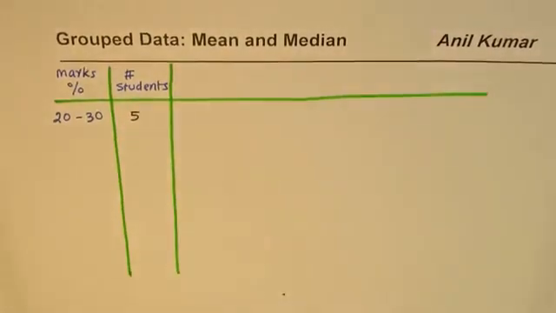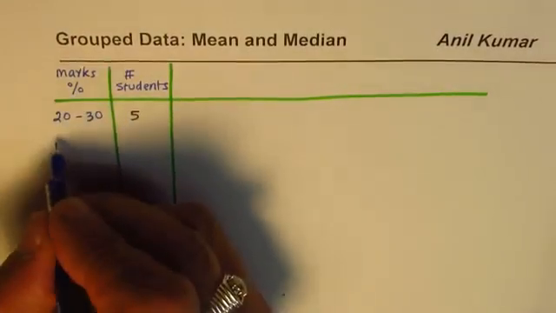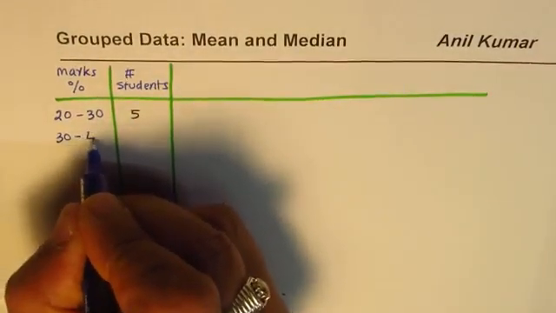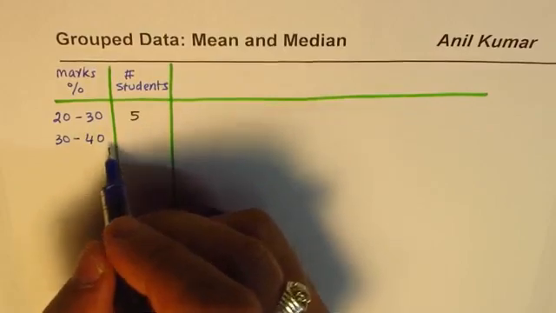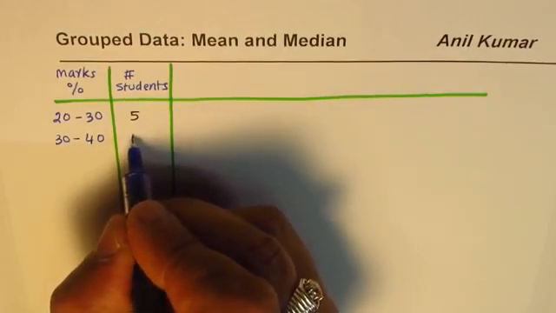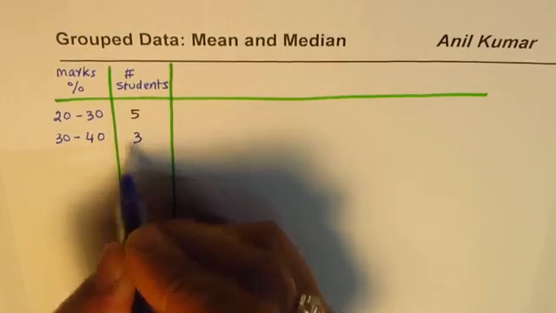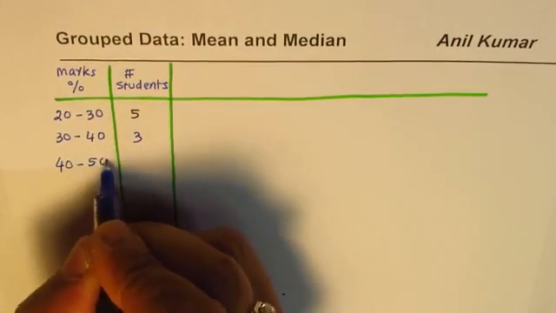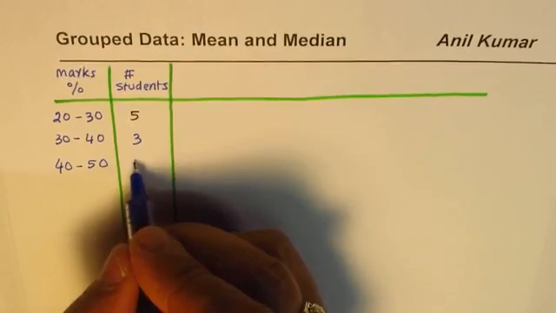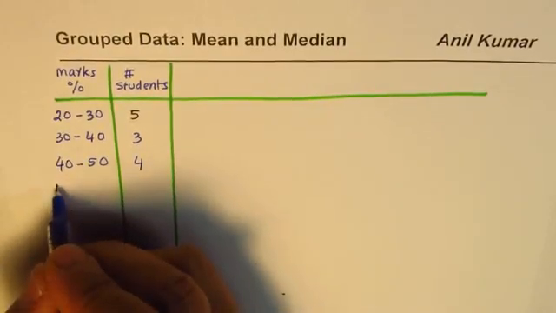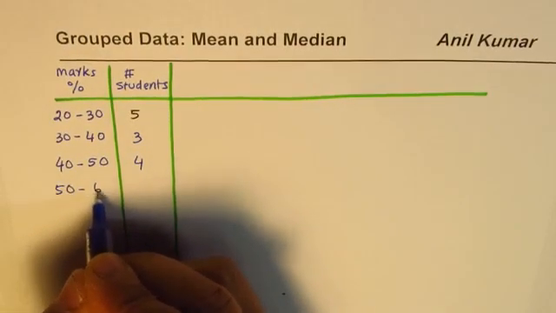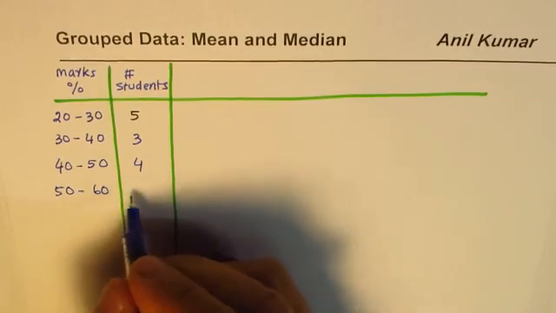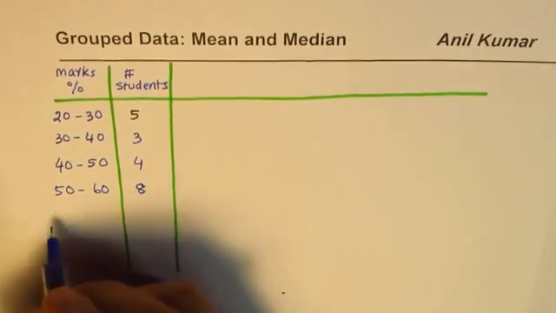Now from 30 to 40, let us say the number of students were 3. And from 40 to 50, the students were 4. From 50 to 60, the number of students who scored marks were 8.